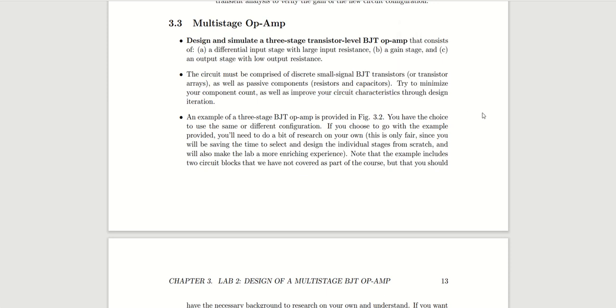That means looking at chapters 4 and 5 and looking at the different current mirrors, and does the circuit have an active load, and then also the output stage, how can you get lower output resistance from the amplifier?